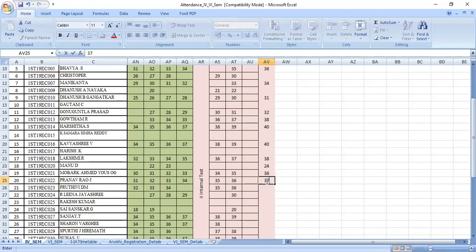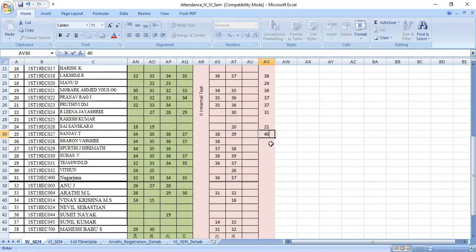Pranav, present, ma'am. Prithvi, present, ma'am. Rakesh, I don't know, he's there. I think Sai attended. Sanjay, present, ma'am.